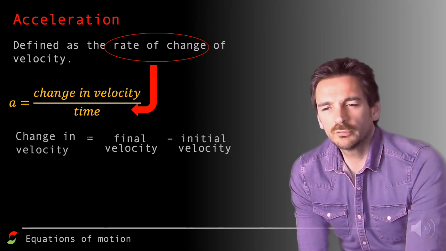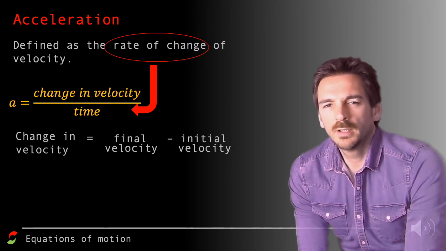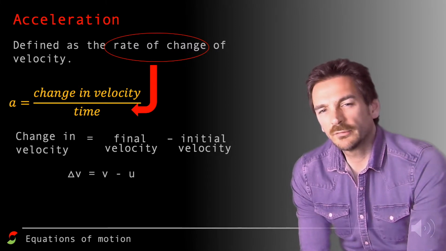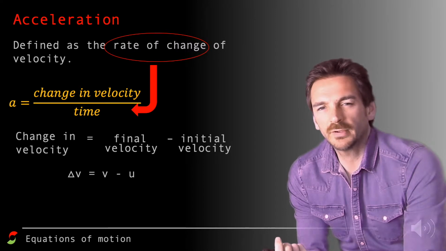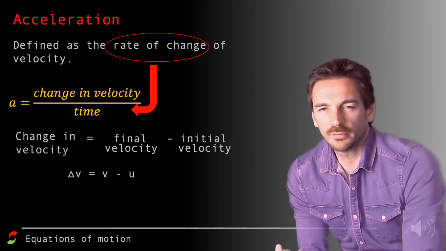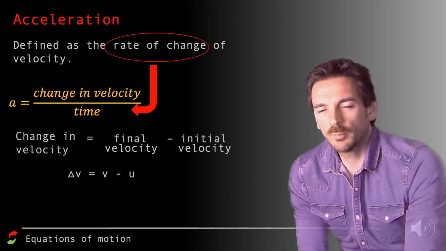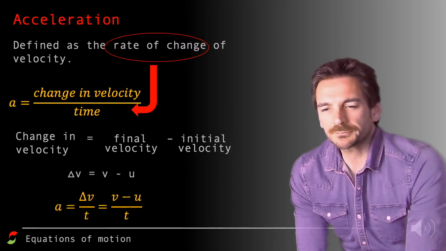Just in case you're not sure, change in velocity is final velocity minus initial velocity. Sometimes it's written as delta v, delta meaning change, so delta v, the change in velocity, equals v, the final velocity, minus u, the initial velocity. Those are symbols commonly used in equations that you will see in physics for this topic.